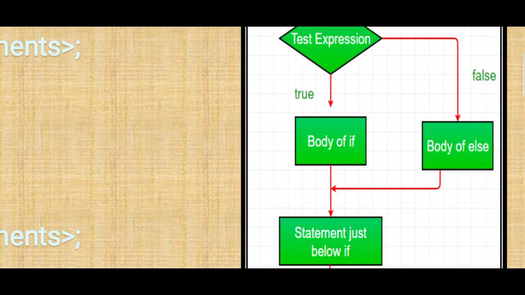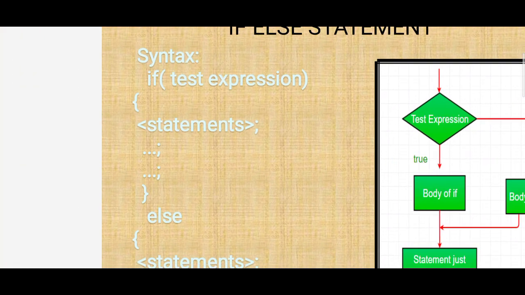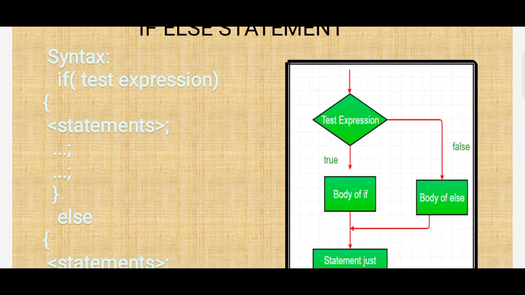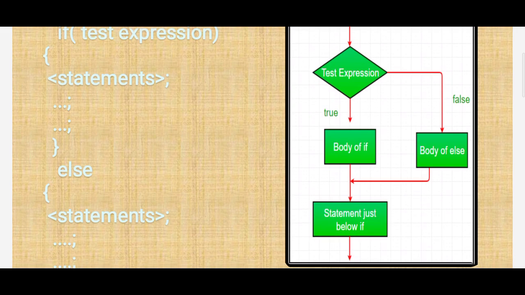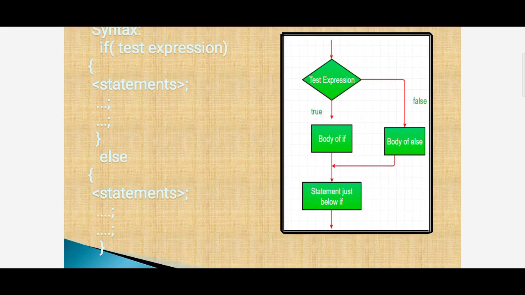Otherwise, the statements below the if statement are executed. Here, if within the brackets are statements, and the else part within the brackets has statements. You have two types of statements. The first one: if the expression is true, the first statements are executed.